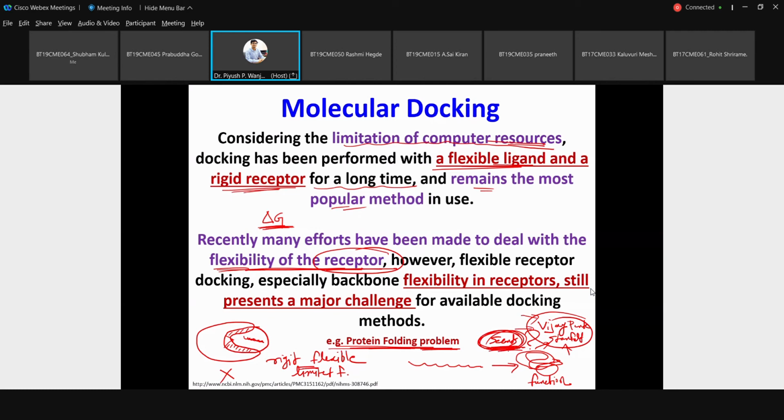So you can consider how difficult it is to understand what is going to happen after 5 minutes or 1 hour. At this molecular docking level, we are just trying to identify how a receptor and a ligand are going to interact, but you are going to have assumptions.